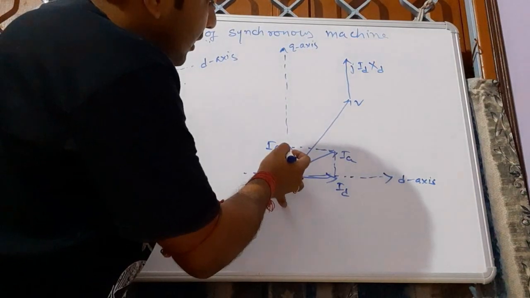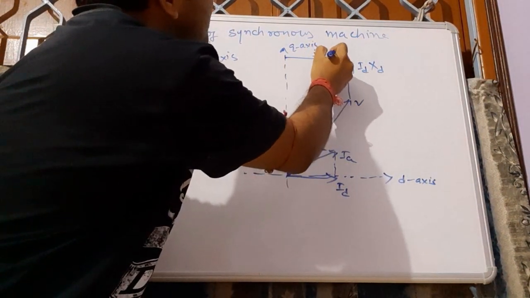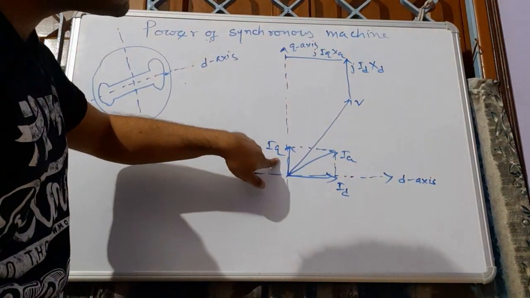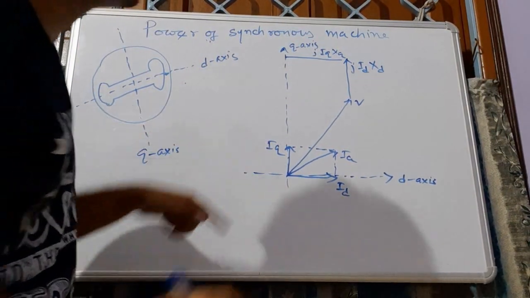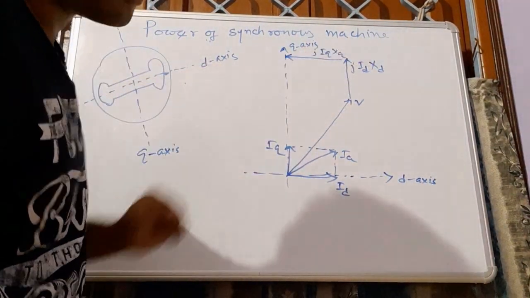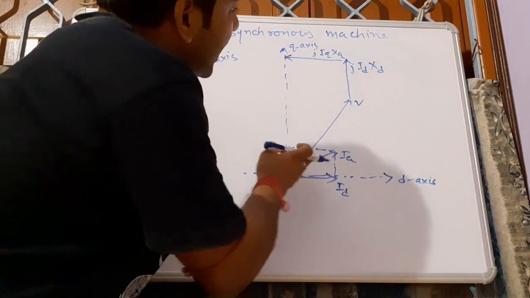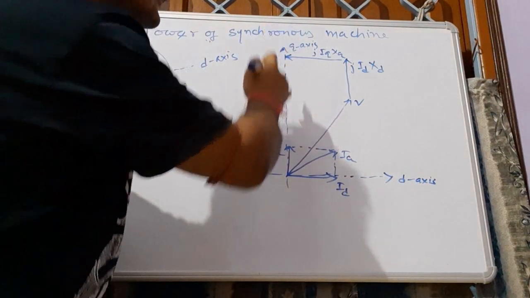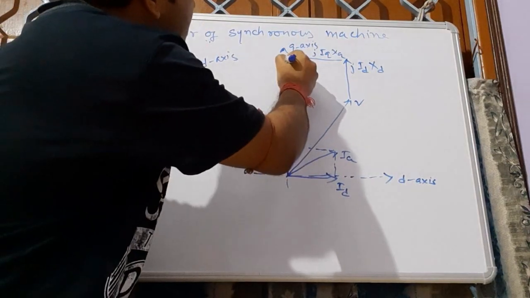And the drop jIQ XQ will be 90 degrees to the quadrature axis current IQ. So this is jIQ XQ, right? Now if we add V plus jIDXD plus jIQXQ, we get the field EMF EF.